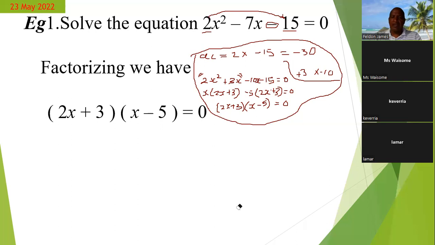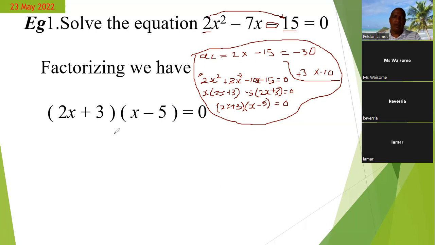Each bracket is a factor. And what we are doing is multiplying these two factors together to get 0. But based on what we know, when we multiply two factors and we get 0, what was the conclusion that we made?